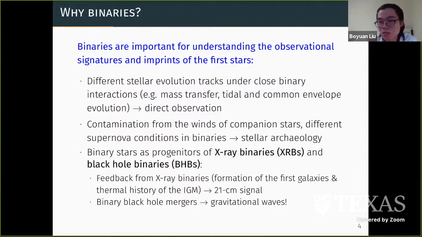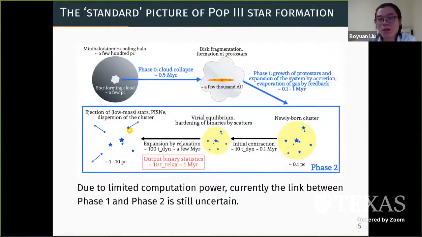I think our next speaker will talk more about this. And for binary black holes, if they could merge within the Hubble time, they will be important sources of gravitational waves. Actually, some of the events detected by LIGO could be from Pop III stars. So binaries are important. However, it is challenging to study Pop III binaries because we don't have direct observations, and we have to rely on theoretical models.